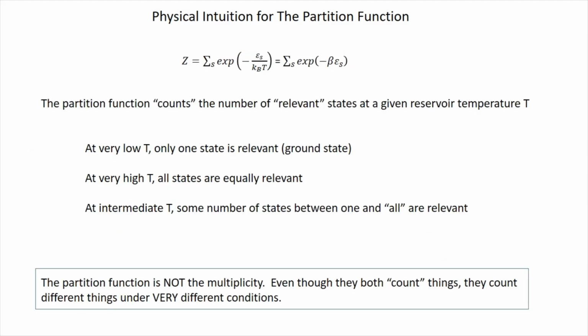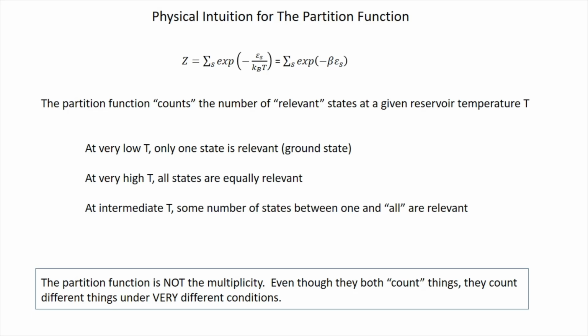And so that generalizes. At any intermediate temperature, the partition function basically counts the number of relevant states when the subsystem is in equilibrium with a reservoir at temperature T. So to summarize again, at low temperature only one state is relevant, that's the ground state. At high temperature all states are equally relevant, and at intermediate temperature there's some number of states between one and all of them, and how many actually depends on the temperature.